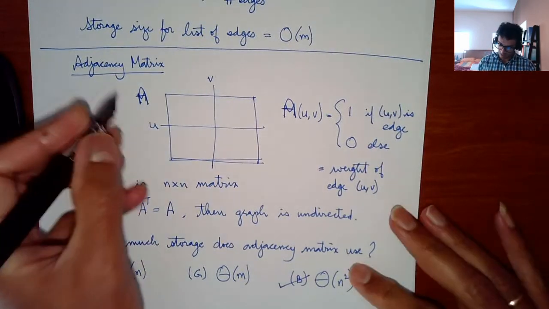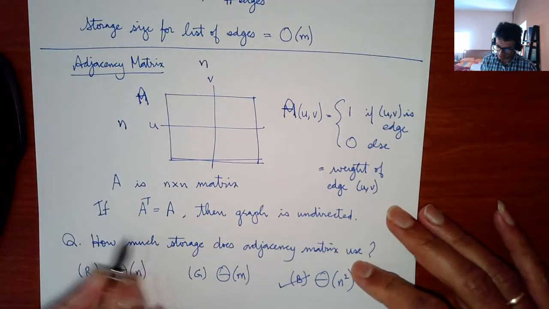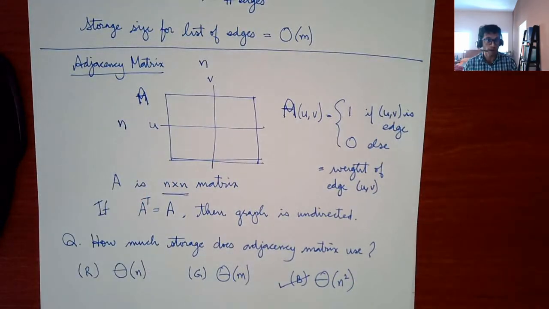You're storing n times n. It's an n cross n matrix, so there are n squared entries in there.